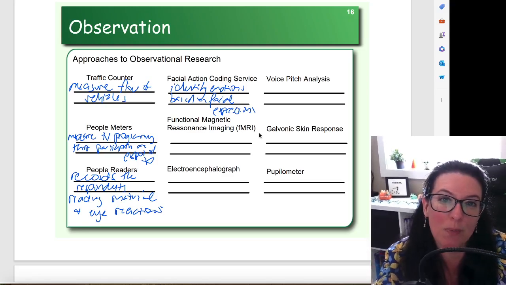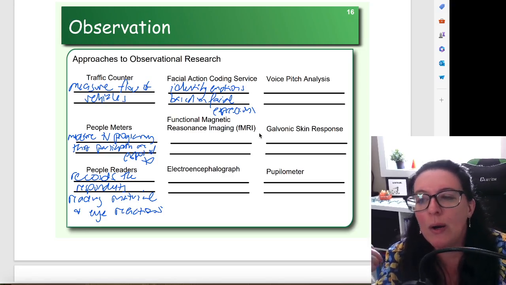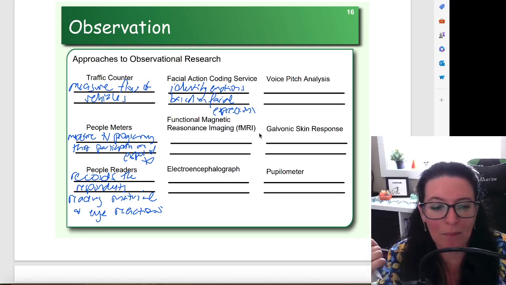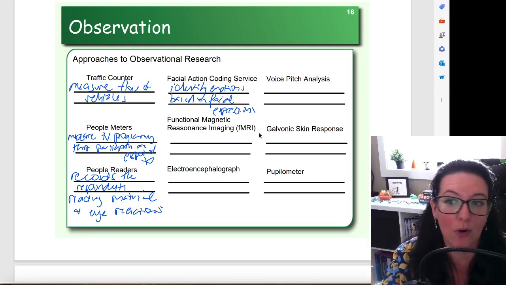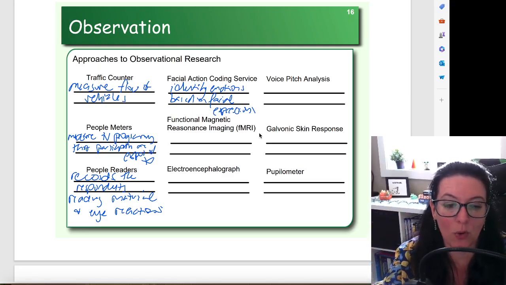And is it the emotional response we want? Do you look angry? Because that's not what we want you to get out of this commercial. We want you to be happy, smile. And so we're looking at measuring that reaction to some kind of stimulus, whether that is a video or some kind of story, something that you're being told.